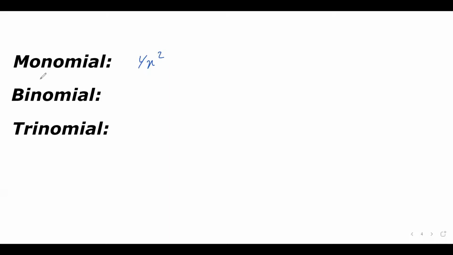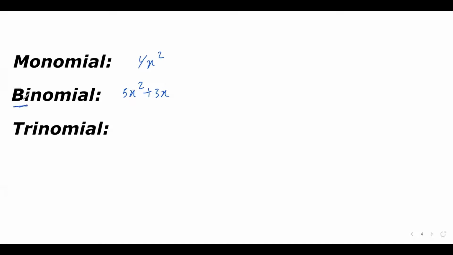If the polynomial has two terms, there is a name for that, we call it a binomial. So let's say 5x squared plus 3x. This is a polynomial, it has two terms, that's why I can call it a binomial. Bi stands for two, basically.